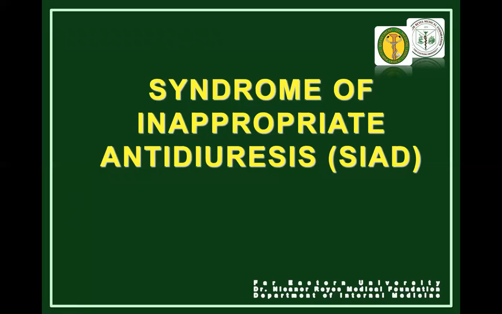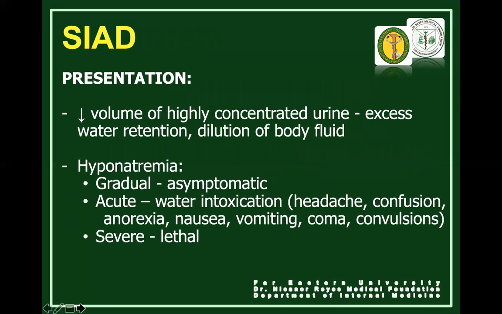The syndrome of inappropriate antidiuresis, or SIAD, usually presents with a very concentrated urine, and there would be excess water retention and dilution of the body fluid. So if there is excess water retention, you can have hyponatremia. So you are diluting the sodium in the blood.